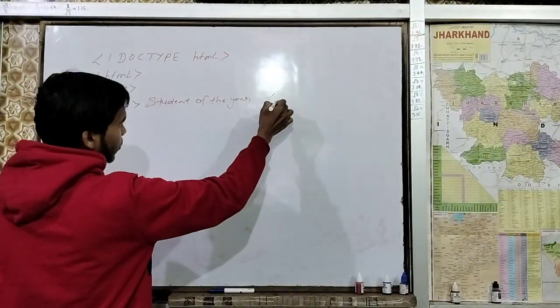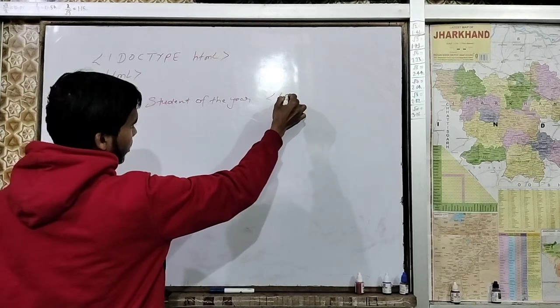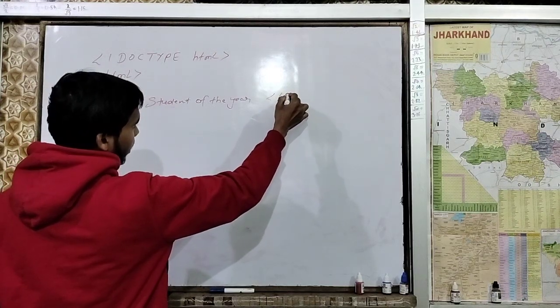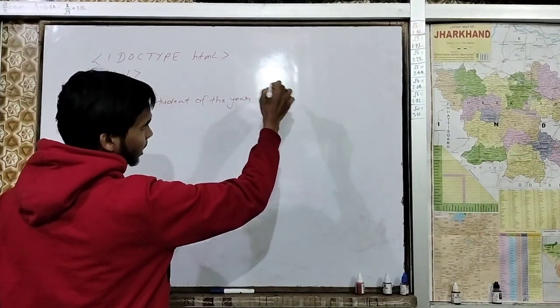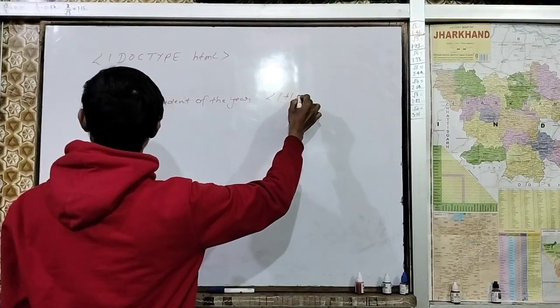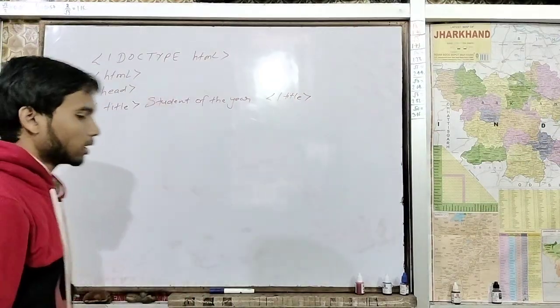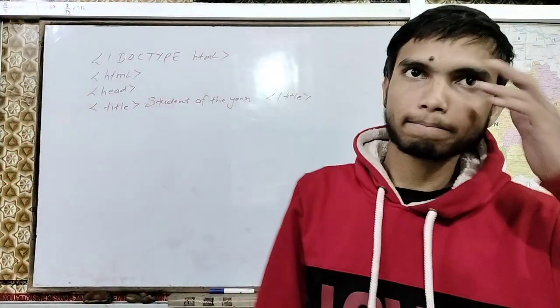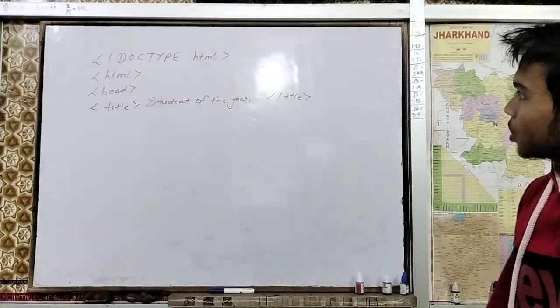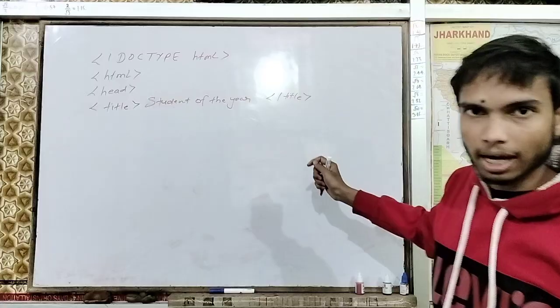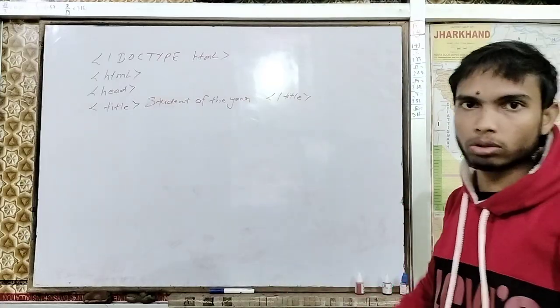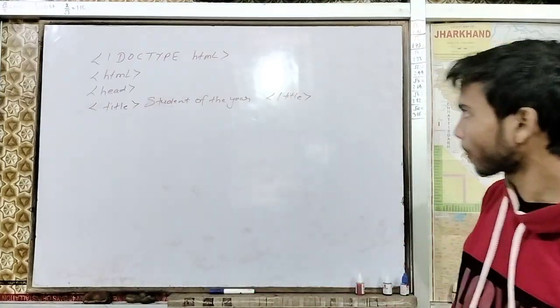So of course, this open tag, then slash, then the name of the tag, title. Then close tag. So this student of the year is our title, which is shown in the search box. Clear?